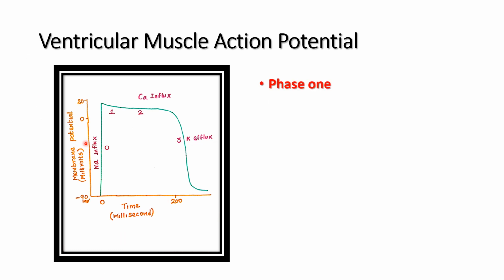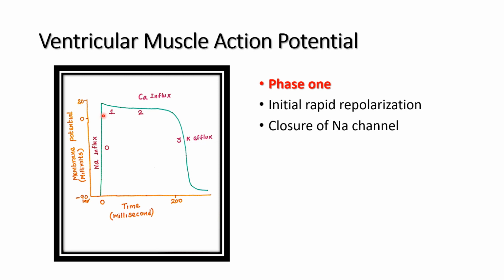Phase 1 of the ventricular muscle action potential is mainly due to the sudden closure of the voltage gated sodium channels. Phase 1 is called the initial rapid repolarization. It is mainly due to the sudden closure of the sodium channels and potassium efflux. Potassium is moving outside from the ventricular muscle cell.